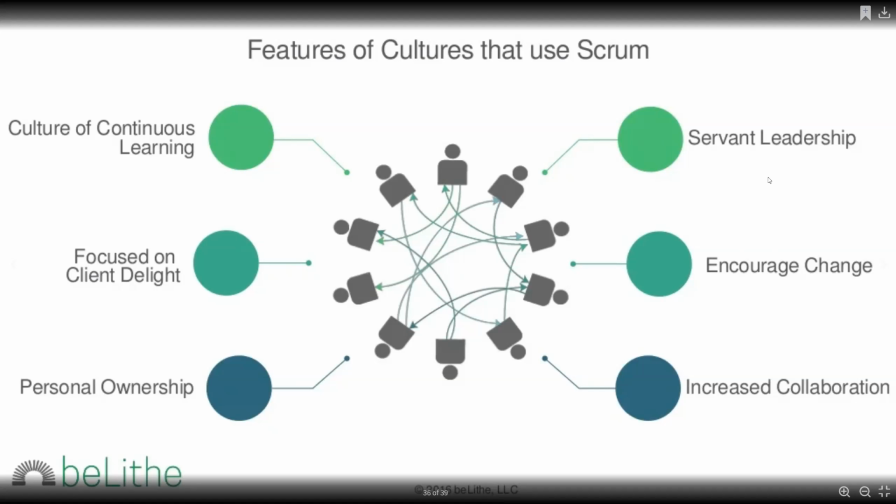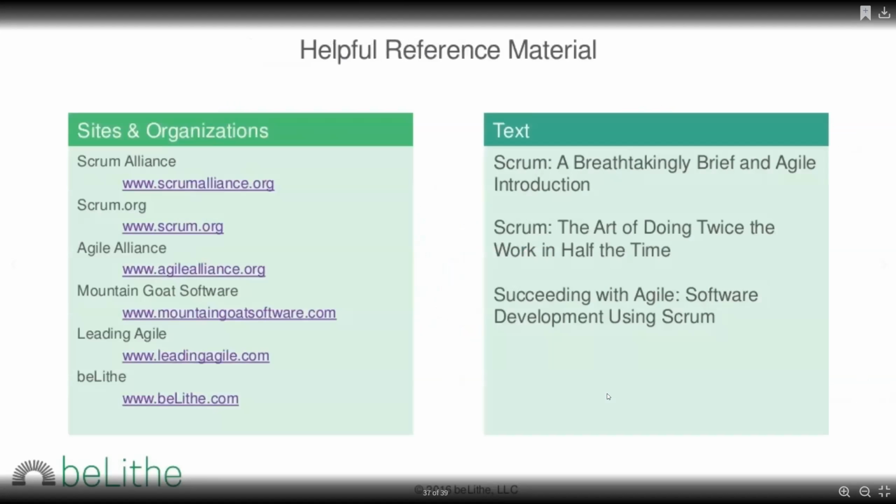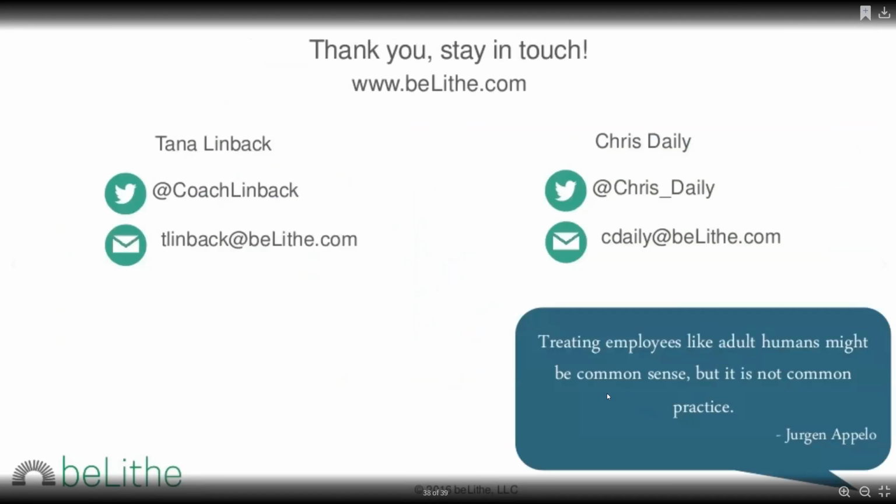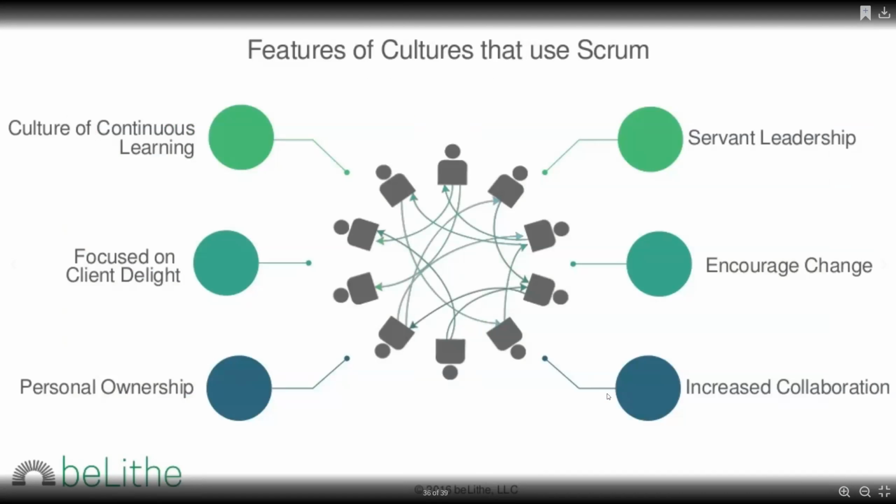And servant leadership: you're led by a servant, not a leader or boss to be worshipped. It allows you to be adaptable to change and also increases collaboration between the team. These are pretty much the core of product Scrum.